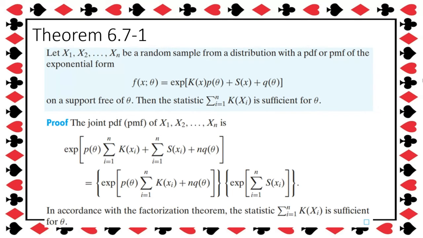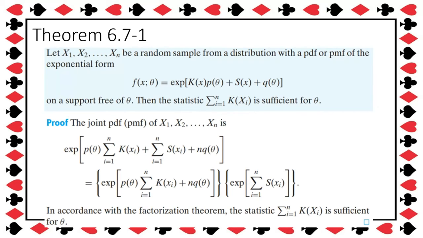Okay, so the proof of this is that suppose this is the density, so your joint density will look like a bunch of multiplications of this. There's a summation there. So if you have this for each xi, then in your joint density function you will have a summation of all this.